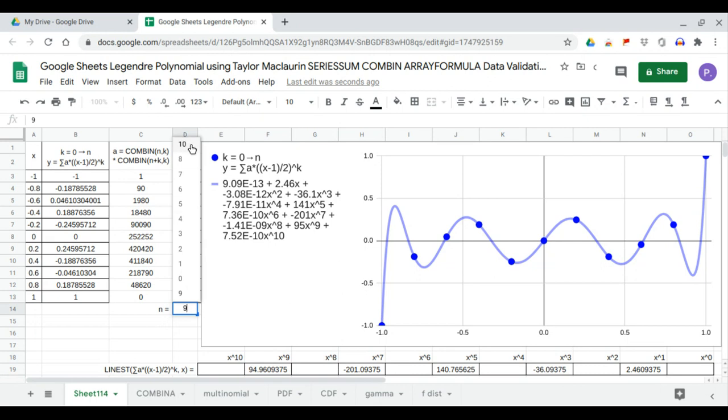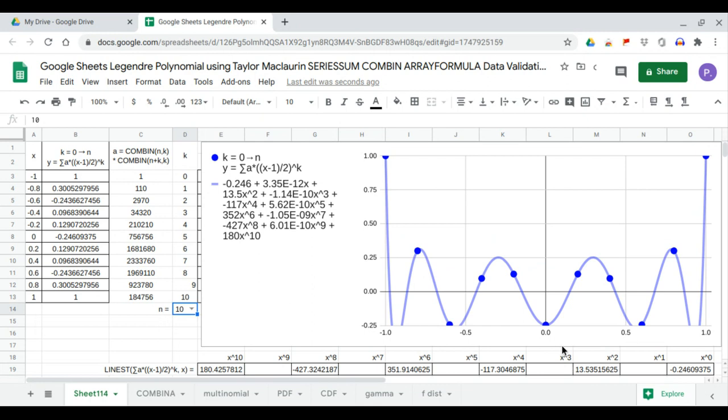At n equals 10, the Legendre polynomial y equals, it should be in the middle, at n equals 10, our Legendre polynomial y is negative 0.246 plus 13.5 x squared minus 117.3 x to the fourth, or minus 117 x to the fourth, 351 x to the 6, 352 x to the 6, minus 427 x to the 8, and 180 x to the 10.